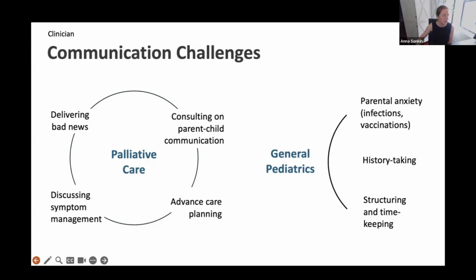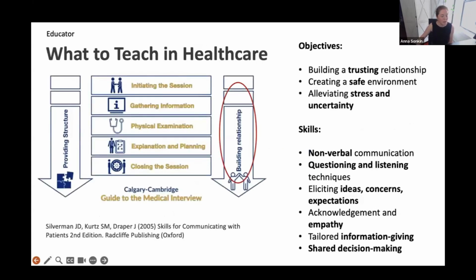Interestingly, when I started teaching, I found that a lot of things that we can teach are actually the same process skills that apply in any clinical setting, and in fact, outside clinical medicine. I'm not going to talk a lot about what's on this slide. This is just the model that we used in Russia to teach.